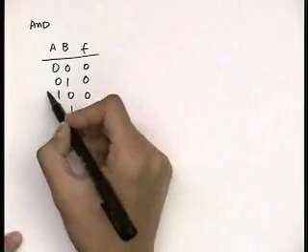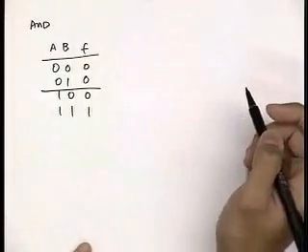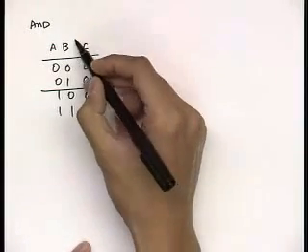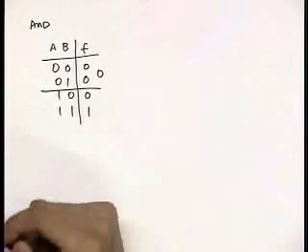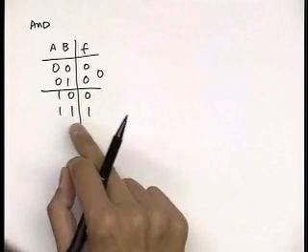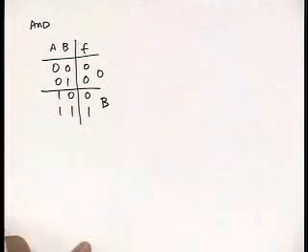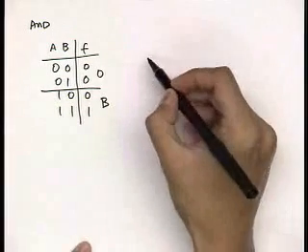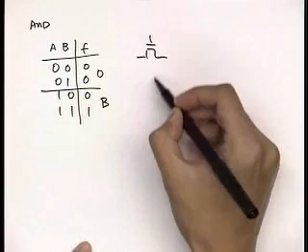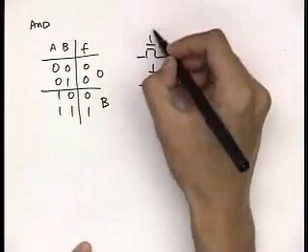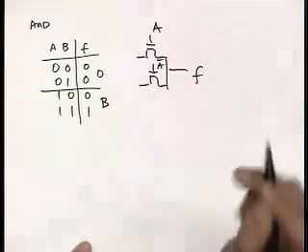For example, when a is 0, the output is pretty much 0. If a is 1, then if I compare f to b, the output is just b. So it means that I can use a to select the function f, a and a bar.